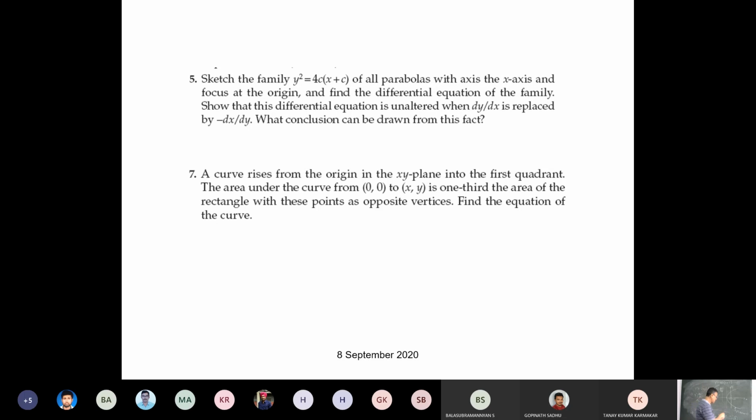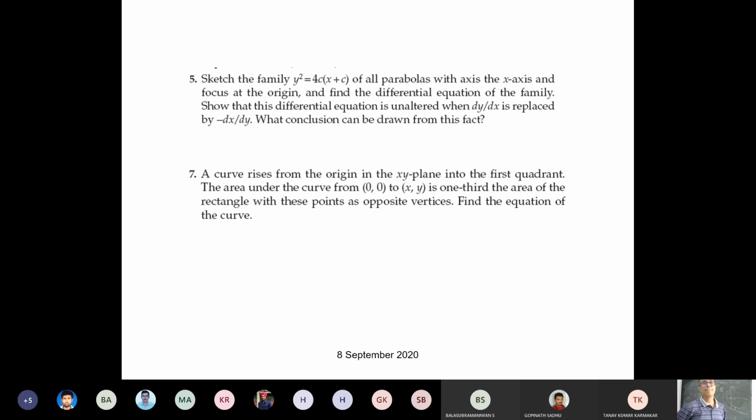If I'm thinking about the same family of curves, I'll get something like, again, the focus being at the origin. I'm going to get another family of curves where the focus is going to be at the origin.